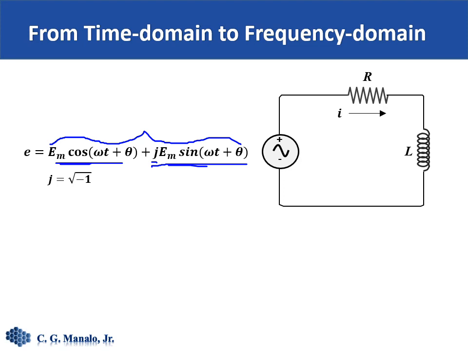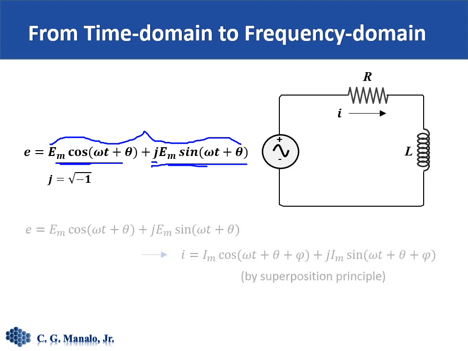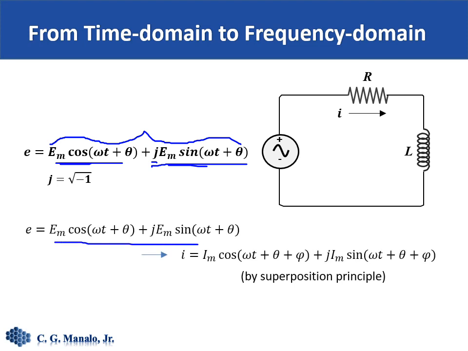So the question now is, what would be the response of the circuit? Given this complex source, let me write the response to be in this format. What is this response all about? By the superposition principle, we know that the response is really a combination of the responses to the individual voltages applied on the circuit.